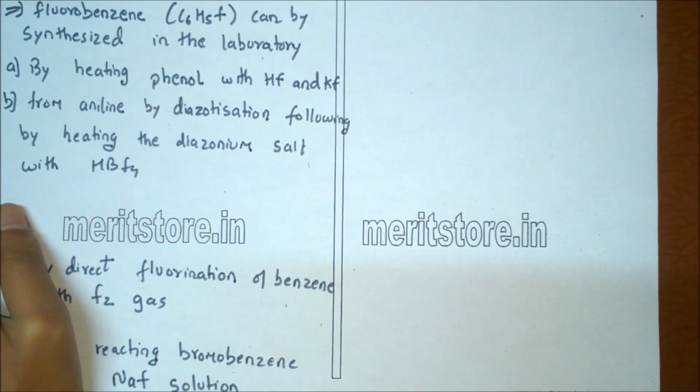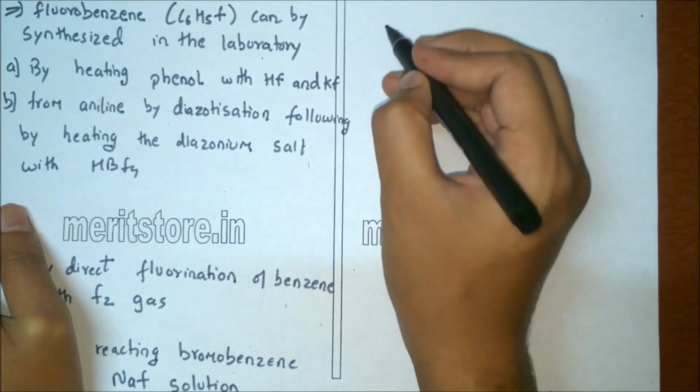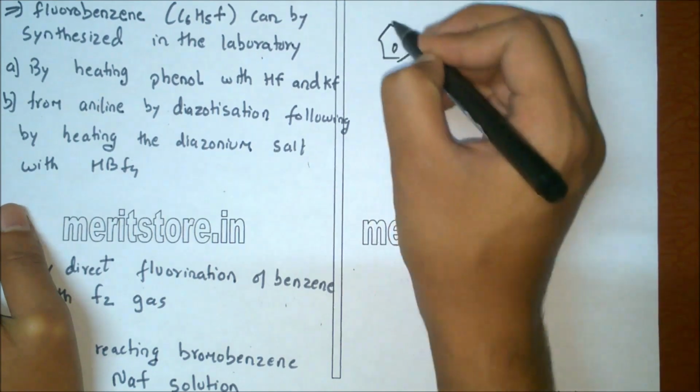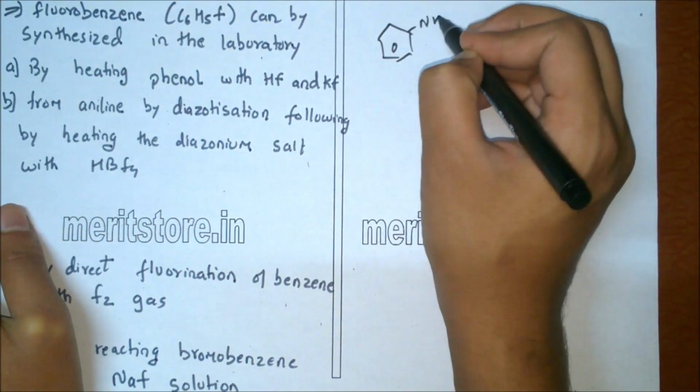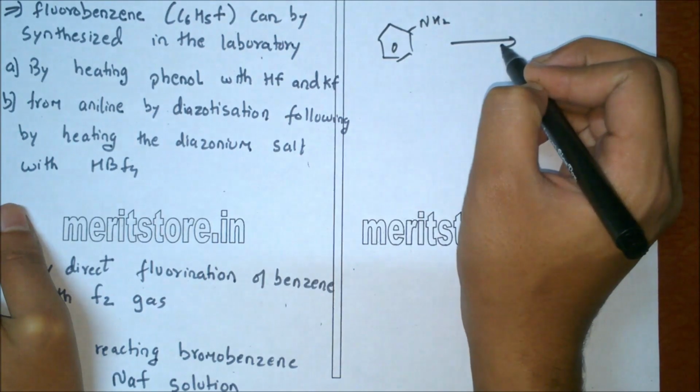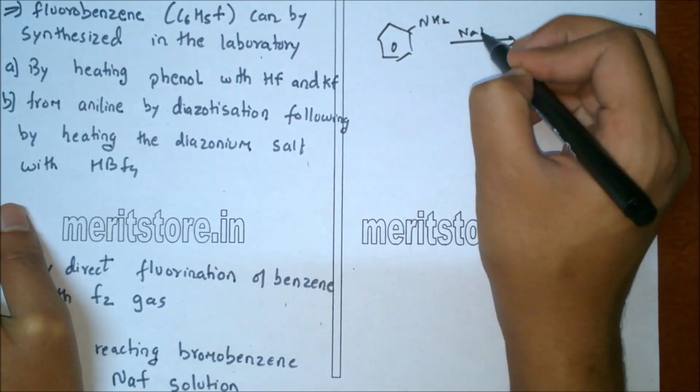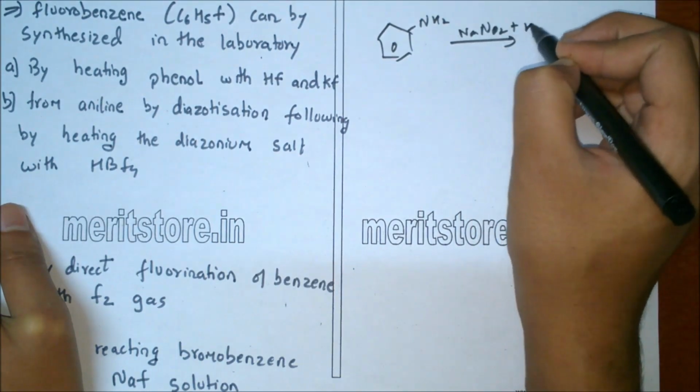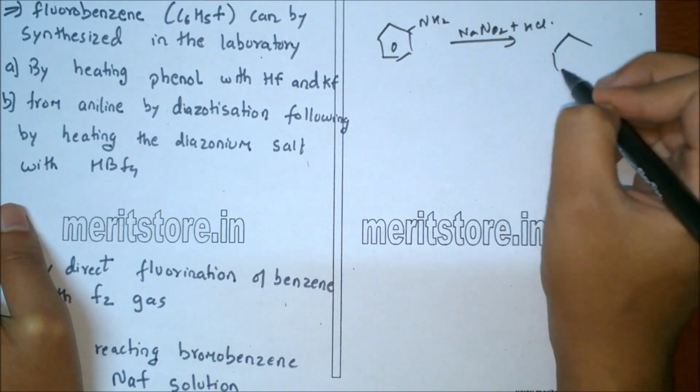So it is prepared by reaction of aniline in presence of NaNO2 plus HCl, which will give diazonium salt.